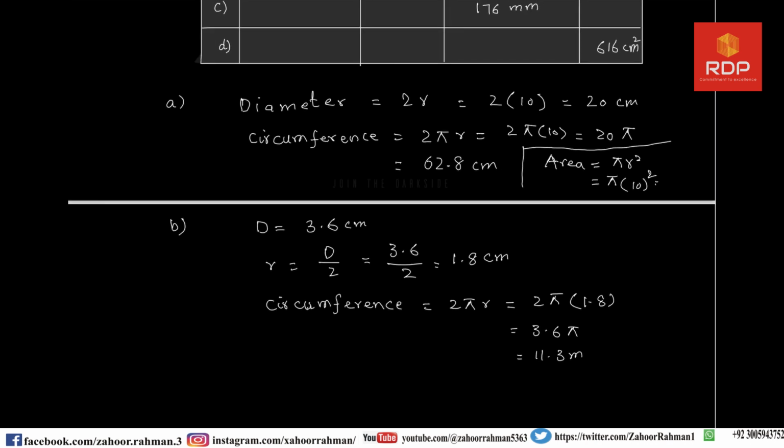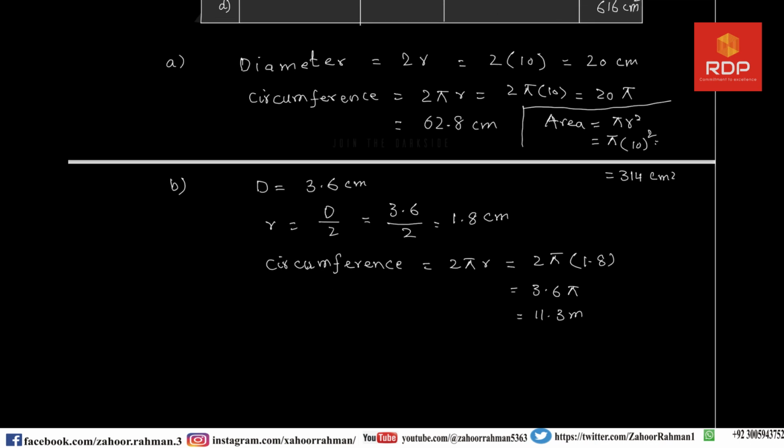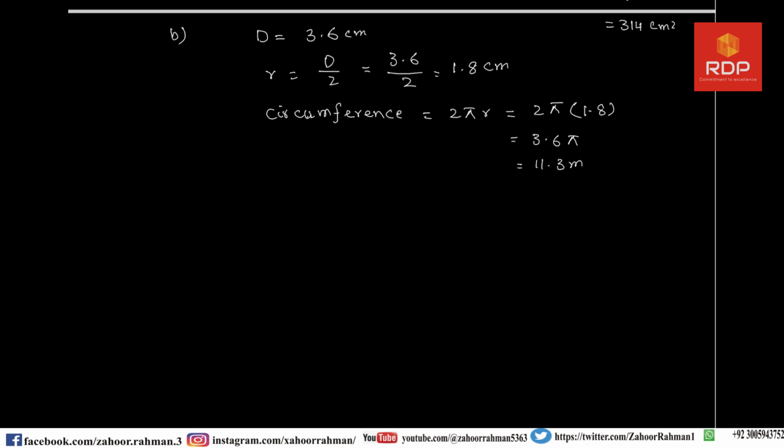So 100 pi, and when 100 pi is multiplied with pi, it will be 314. So I am writing here 314 centimeters square.